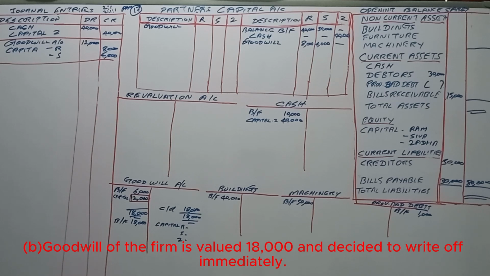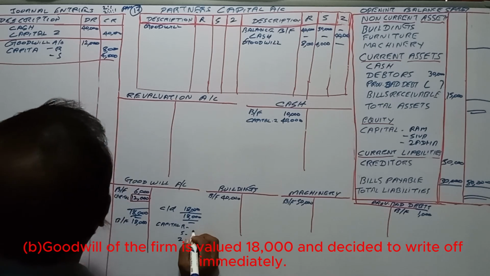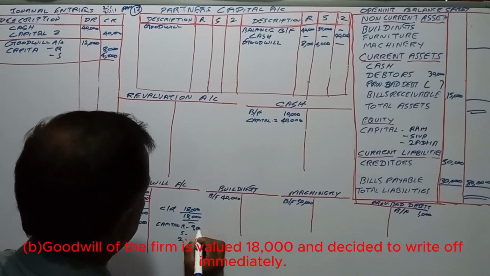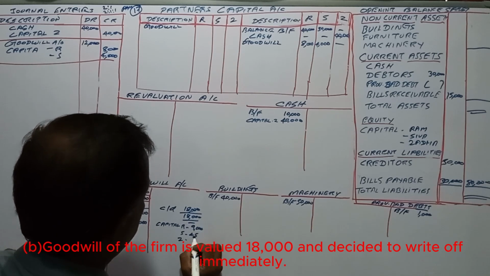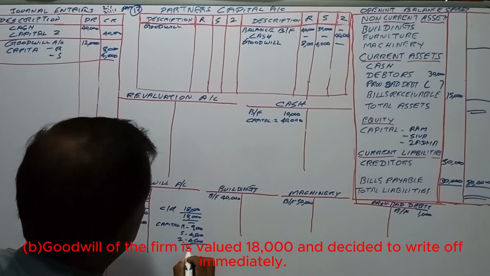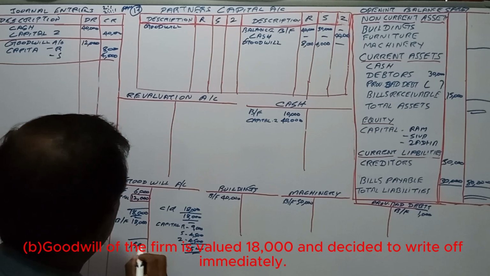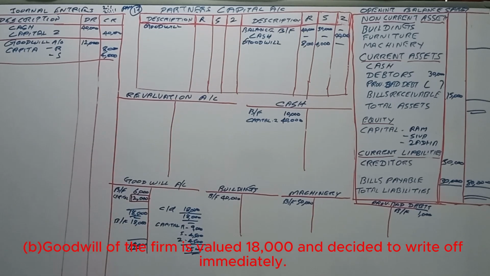In the ratio 2:1:1, that is 9,000, 4,500 and 4,500. Okay, so 18,000 is closed down. The account is nil.